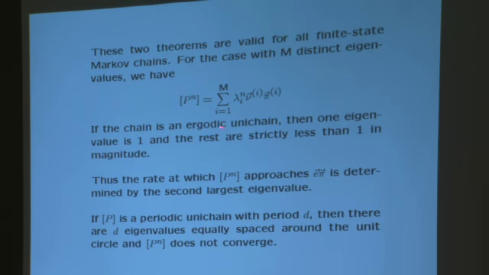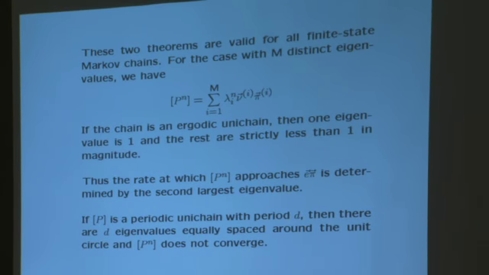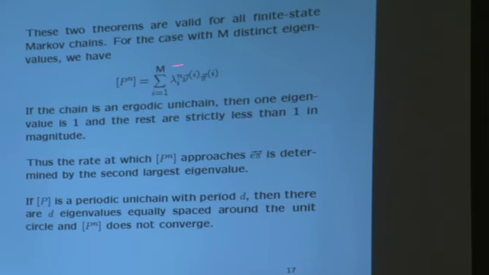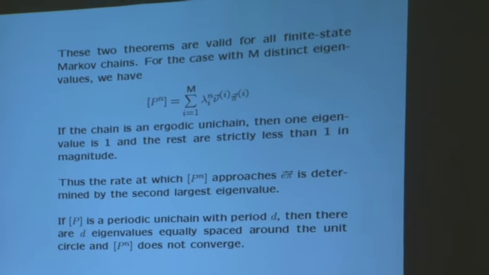Now we know that it's exponential, and we know exactly how fast it goes because the speed of convergence is just the second largest eigenvalue. If you want to know how fast p to the n approaches e times the steady state vector pi, all you have to do is find that second largest eigenvalue, and that tells you how fast the convergence is, except for calculating these things, which are just fixed.